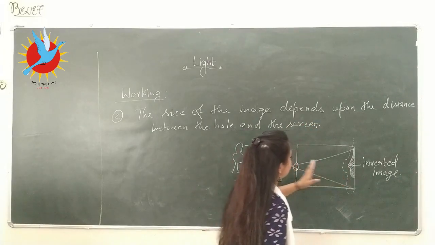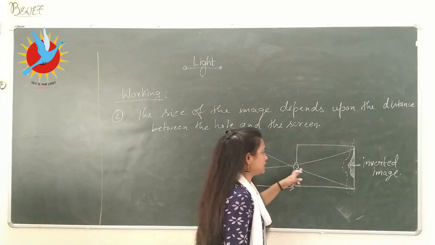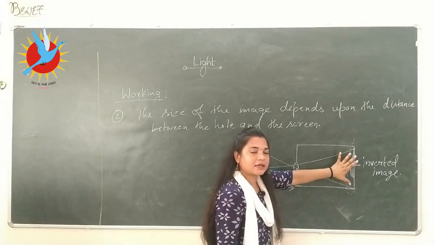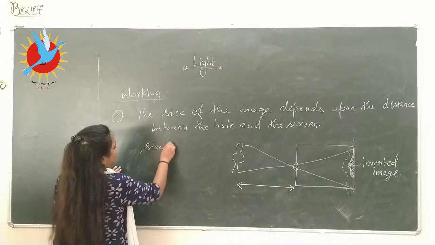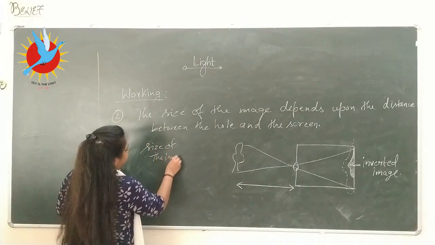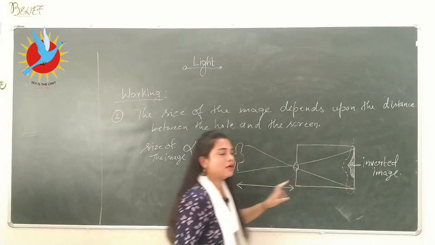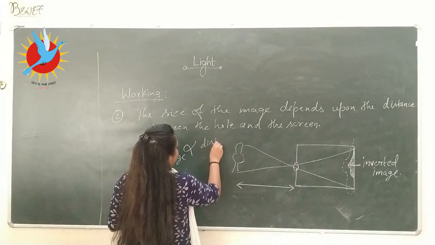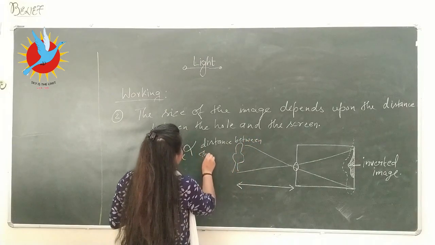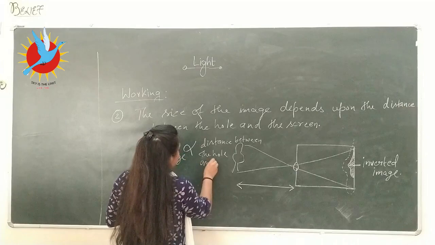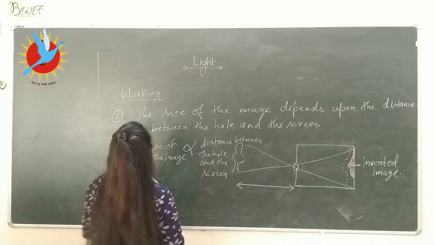If this distance is increasing, the size of the image is increasing. If this distance is decreasing, the size of the image is decreasing. So the size of the image is directly proportional to the distance between the hole and the screen.